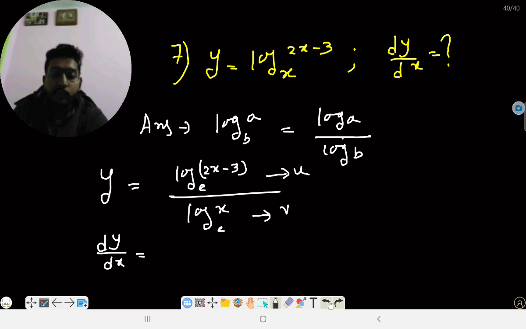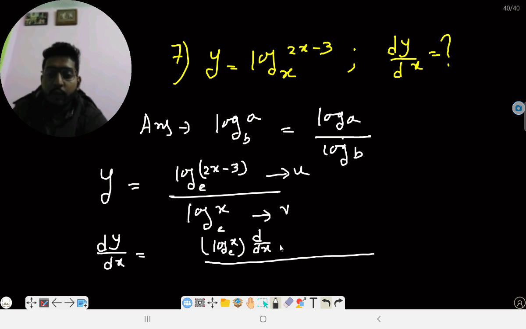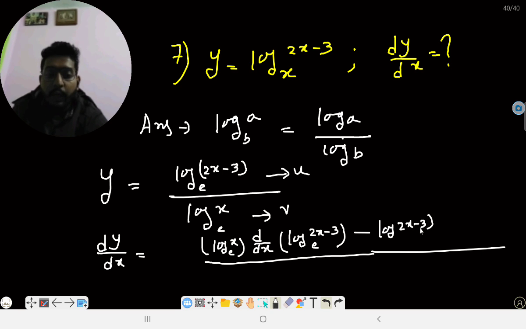First it will be v, that will be constant, that means log x base e will be constant, and differentiation of this one, log of 2x minus 3 base e, minus, now the opposite one, that means log 2x minus 3 will be constant, we have to differentiate log x, divided by log x whole square.